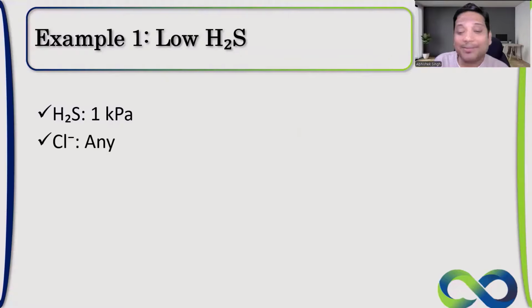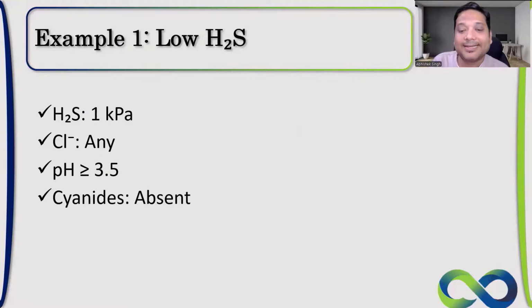Chloride can be anything, maybe very high. Any means it can be of any percentage, so you can consider a high chloride percentage. pH value is more than 3.5. Cyanides are absent. There is no cyanide. Temperature is 120 degrees Celsius.